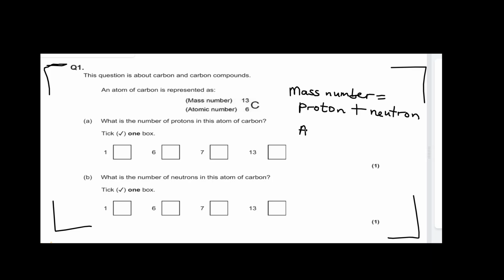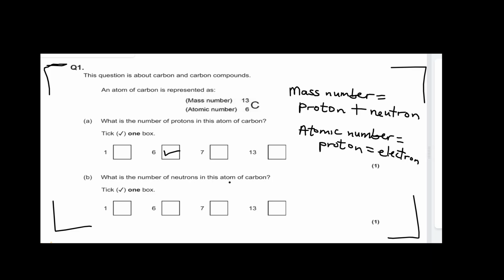But atomic number is equal to the number of protons, and it also tells you the number of electrons. So bearing that in mind, our atomic number is the number of protons. Okay, so we'll tick 6.